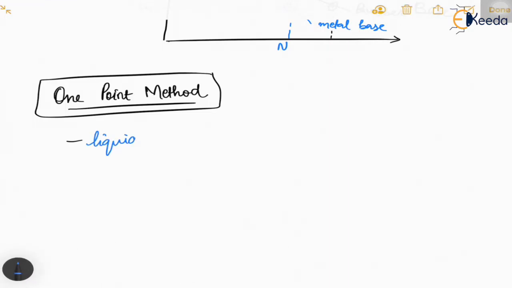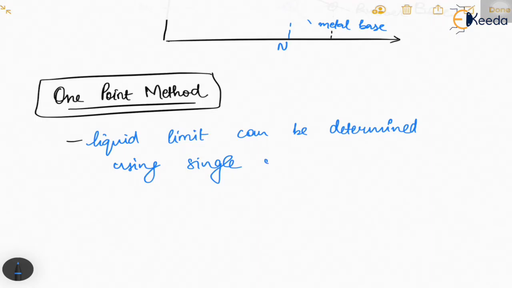liquid limit can also be computed by using an empirical relation. Liquid limit can be determined using a single observation test empirically.